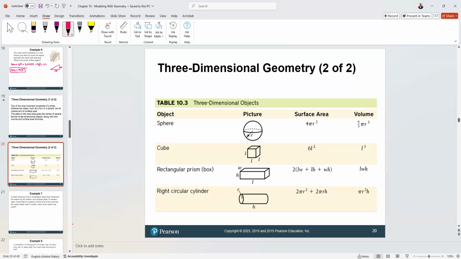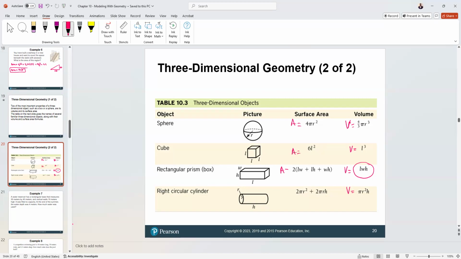These tables give us some very important formulas. For example, the volume formula for a box or a cube is just the familiar length times width times height, right? So that would be the volume of a rectangular box: length times width times height. Remember, volume is in cubic feet.